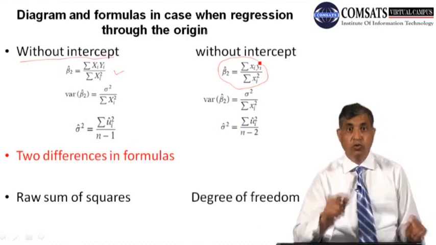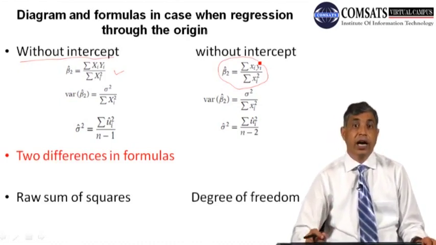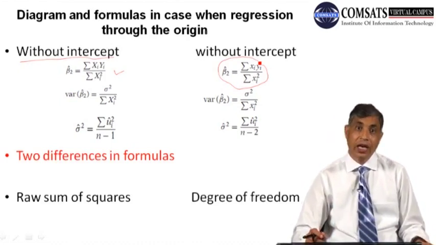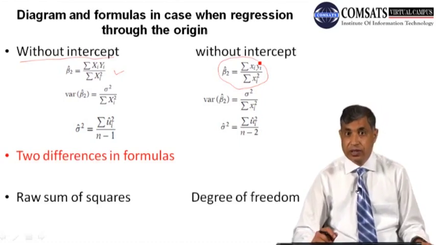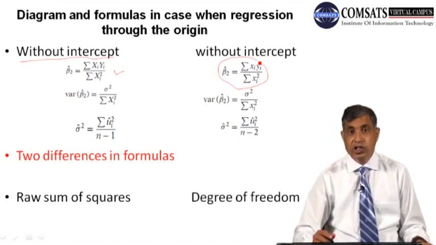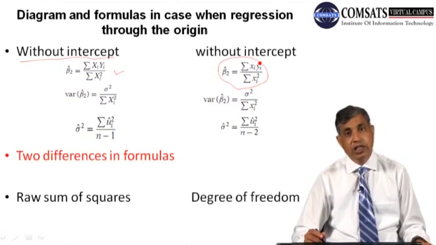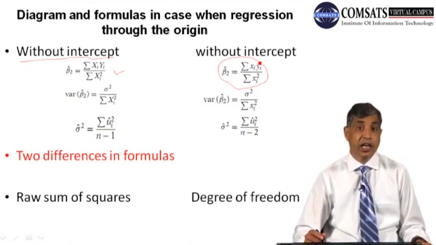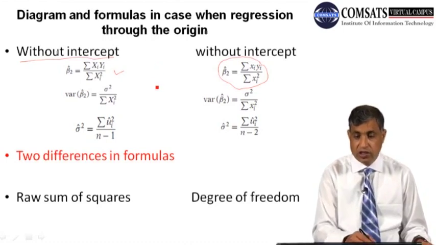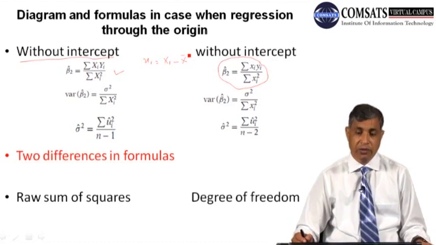The difference between the two formulas, look carefully: in the traditional beta 2 hat obtained from OLS, in which the intercept was present, you can see xi and yi in small notation, but on the left-hand side xi and yi are in capitals. In small notation, xi is simply xi minus x bar, the deviation of the value from its mean.